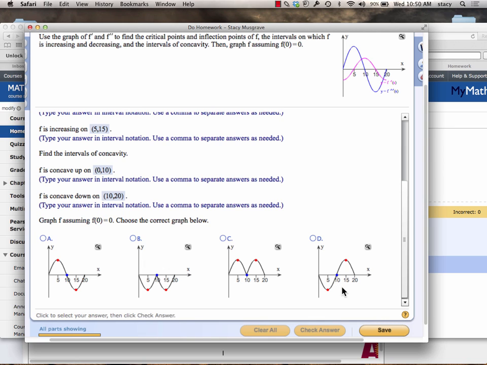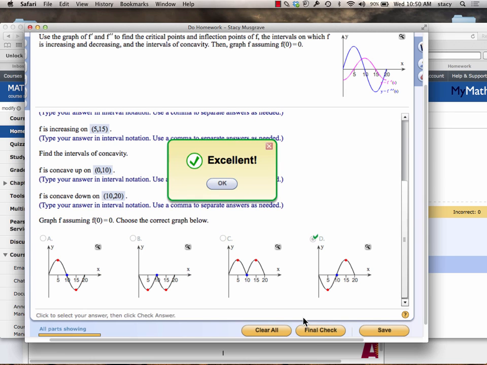Because to the left, it's concave up, and to the right, it's concave down. But in B, it's concave up and concave up. So at 10, there's no inflection point. But remember, we did all this work, and we found out there is an inflection point at 10. So that forces it to be D. Okay?